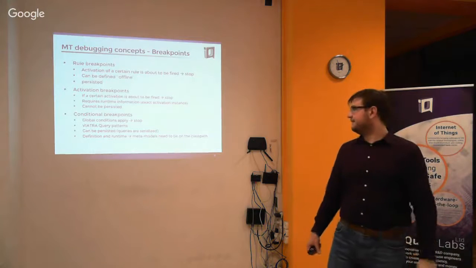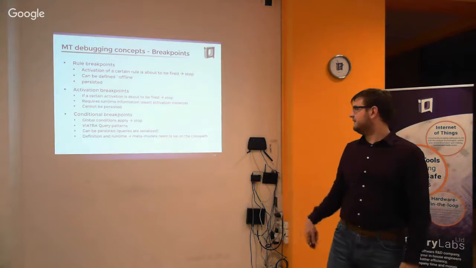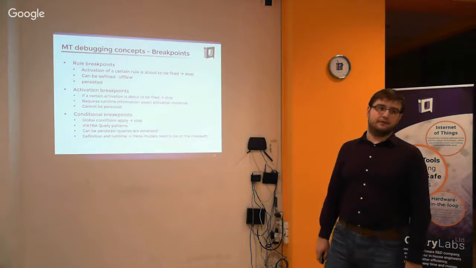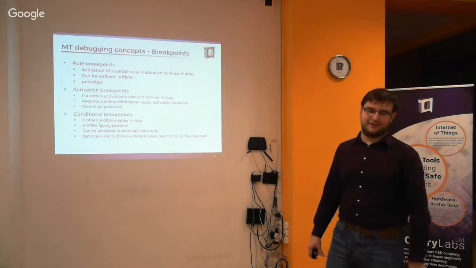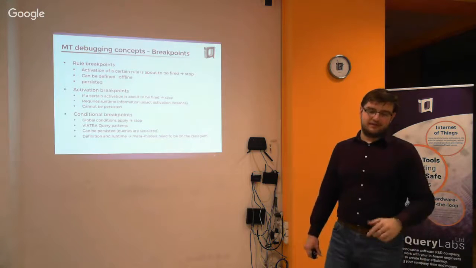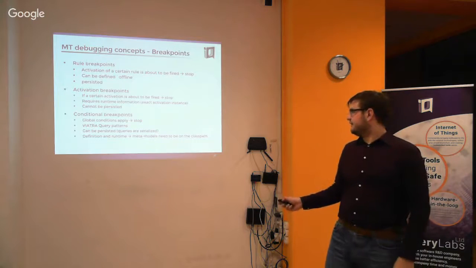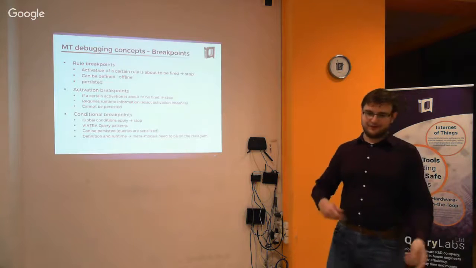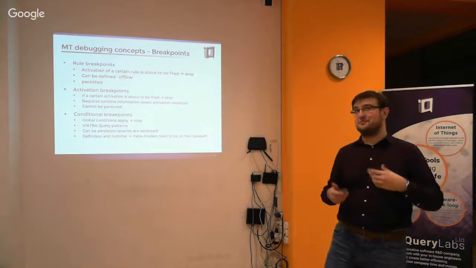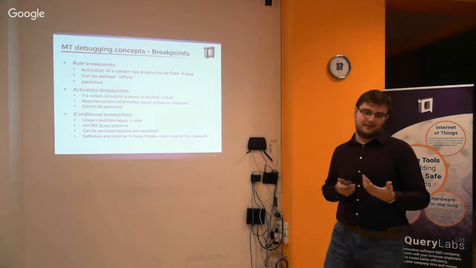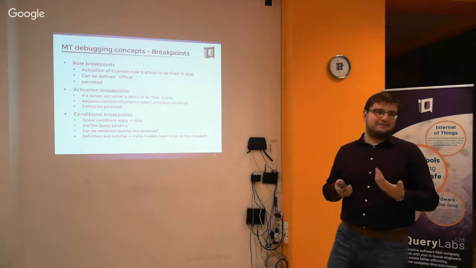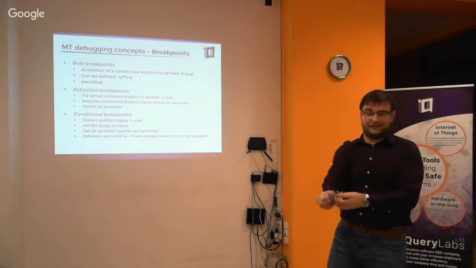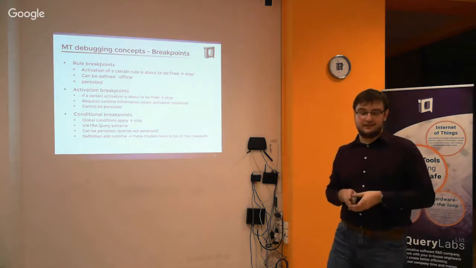They are implemented as VIATRA query patterns. They can be persisted as well between model transformation debugging sessions. But during definition and runtime, the metamodels associated with the model transformation need to be on the class path, because during execution the VIATRA query runtime framework needs this information.